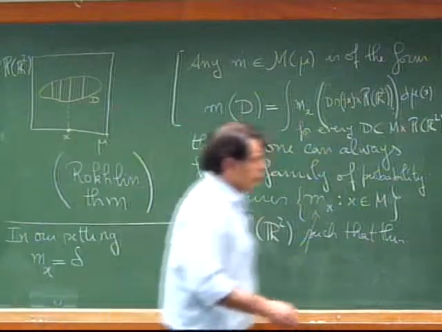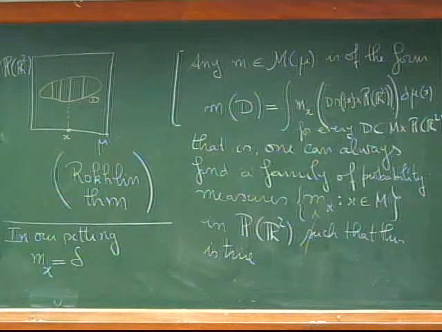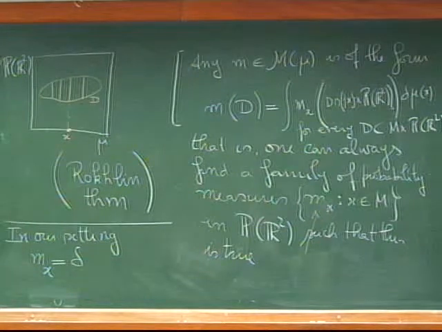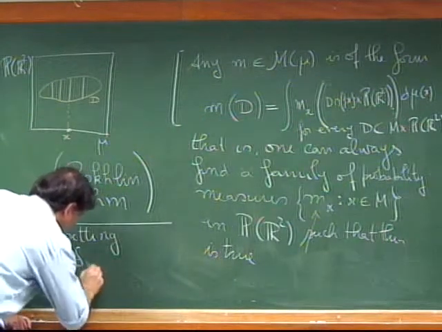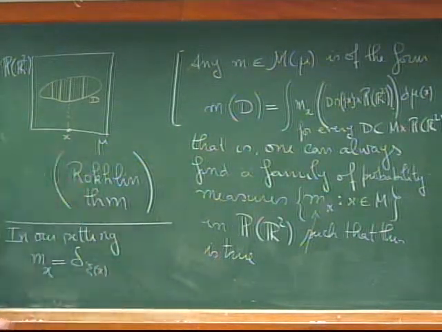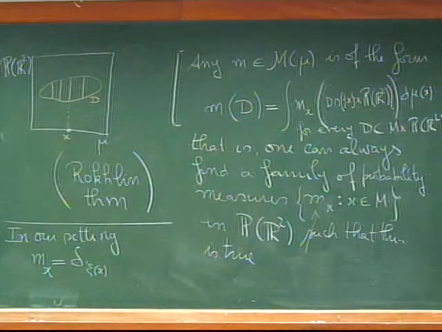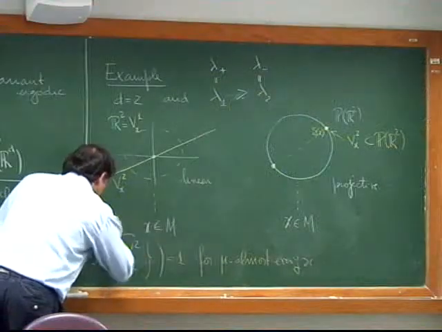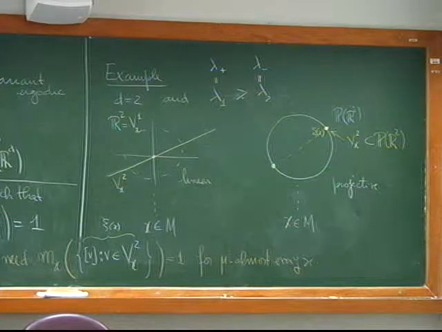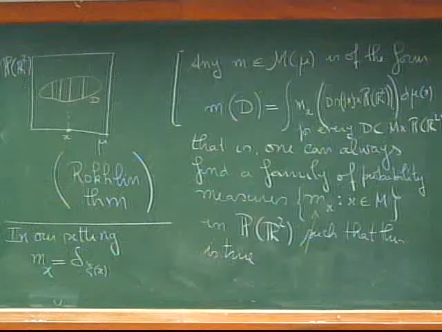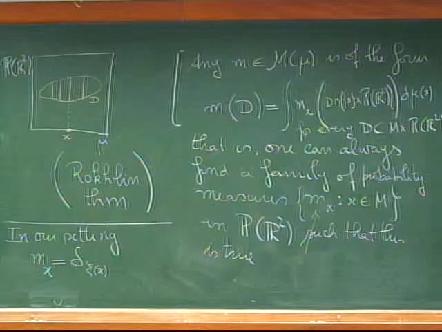Or maybe, let's avoid confusion, let's call this point C of x. Okay, C of x is this point here. It's the unique point in projective space. It's the same as V_x^2, seen as an element of projective space.